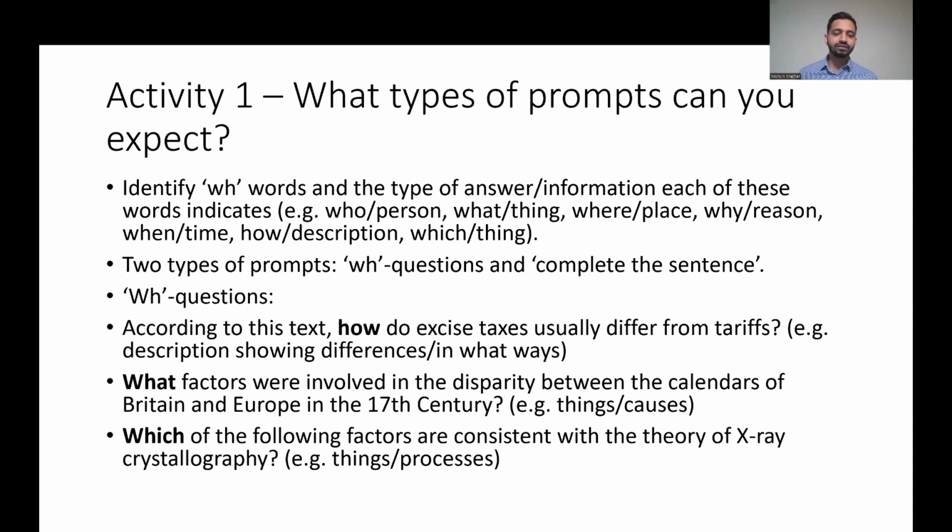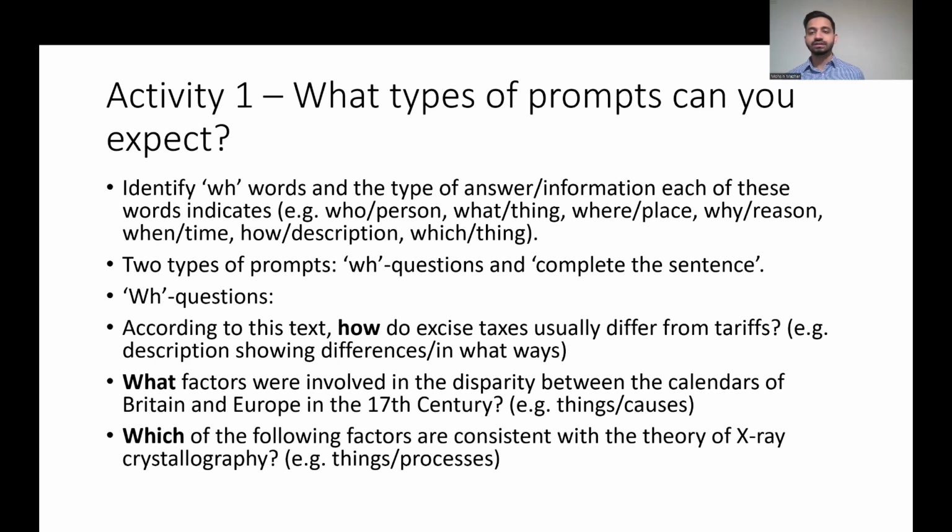If you see what, for example, in this next one, you've got a question: what factors were involved in the disparity between the calendars of Britain and Europe in the 17th century? We are looking for things and causes, aren't we? There was a difference between these two calendars in the 17th century.